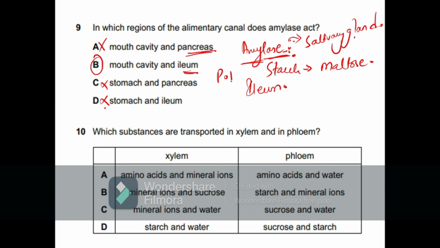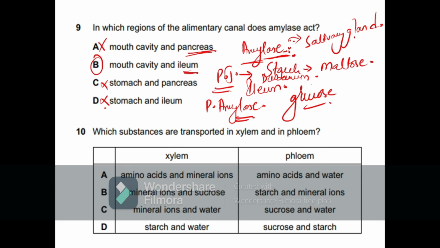When pancreatic juice arrives in the duodenum, which is the first part of the small intestine, so from duodenum, jejunum, ileum, this pancreatic juice contains pancreatic amylase, and this amylase is responsible for the digestion of carbohydrate till it becomes monosaccharide glucose.